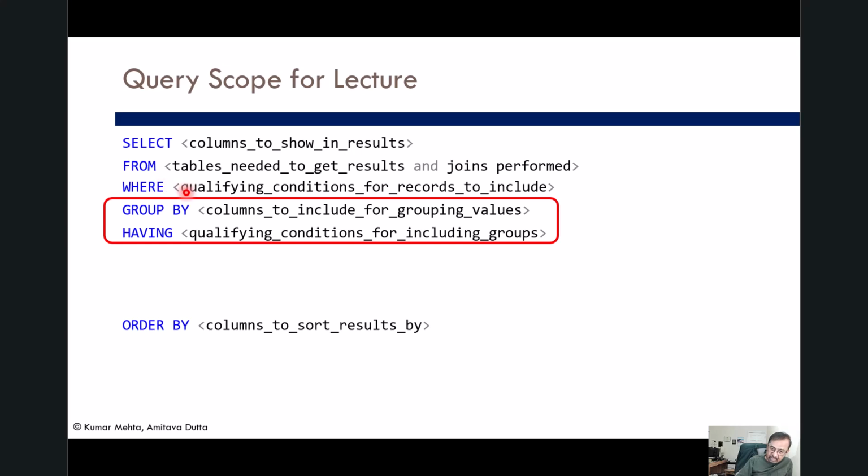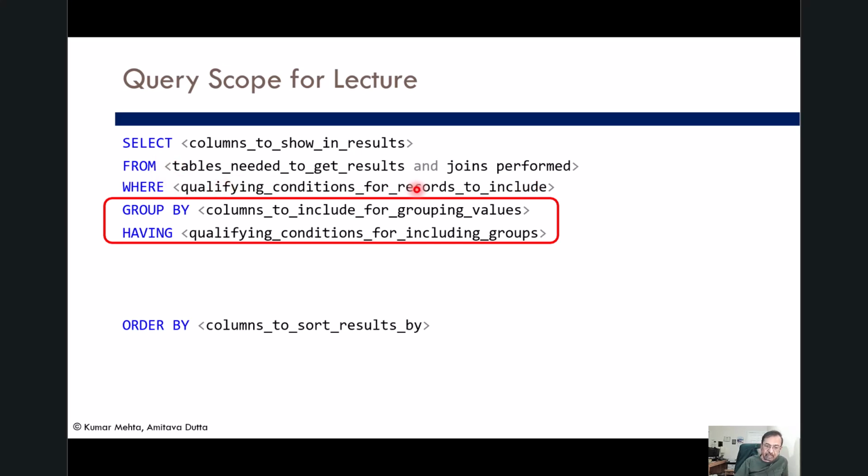Next, the where clause is executed, and what do we specify with the where clause? We specify the qualifying conditions for a record. Remember those logical expressions that we talked about. Based on whether that expression is true or false, a record is either included in the output or not. That's what happens with these three clauses.